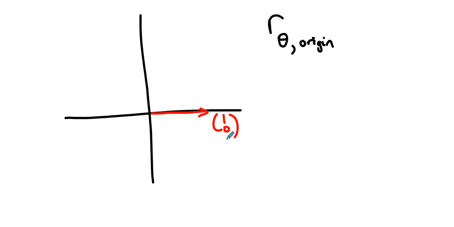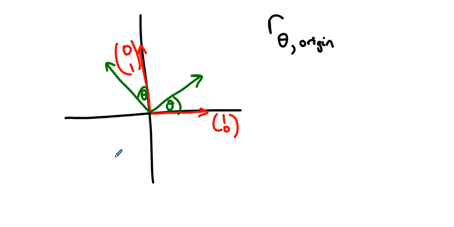Let's imagine that we want to rotate by some angle theta centered at the origin. Well, then what happens? This is the vector (1, 0). This is the vector (0, 1). But when we rotate, like so, that's some angle theta, and we rotate like so, that's the same angle theta, right?